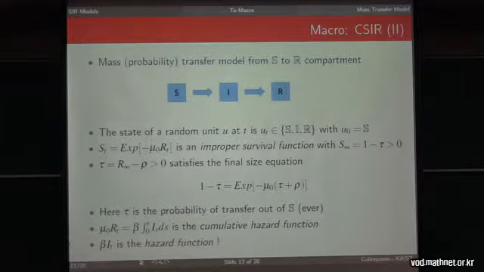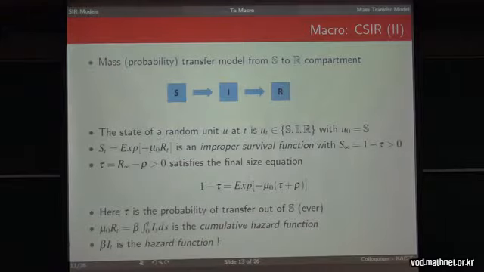So what I have told you is that if I think about ST, which is exponential negative mu0 RT, this is an improper survival function because at infinity it evaluates to 1 minus tau, and it's not that complicated to see that tau has to satisfy this equation. This is sometimes known as the final epidemic size.